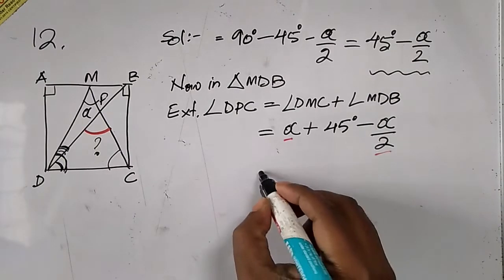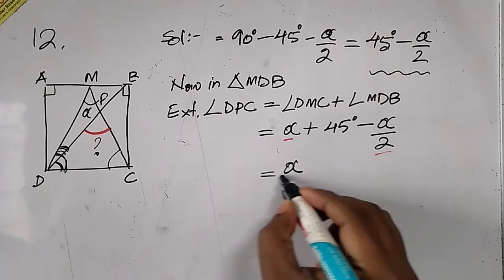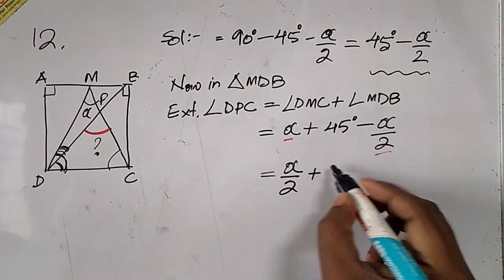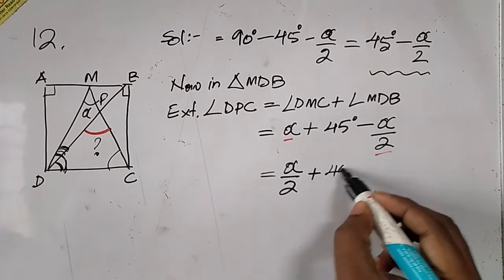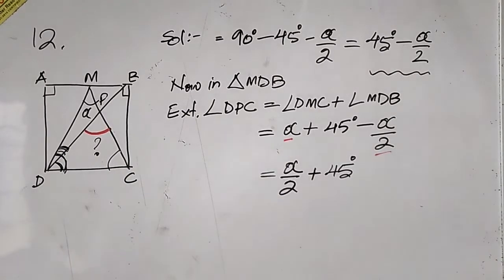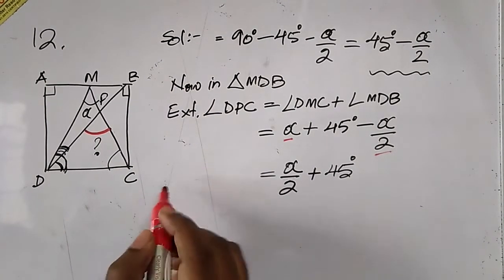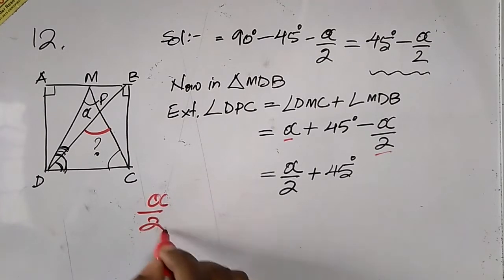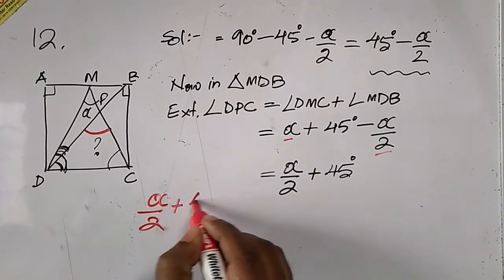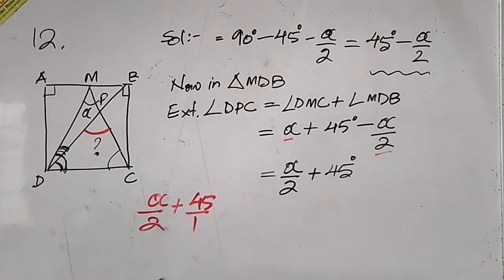Alright, so we get it as alpha by 2 plus 45 degree. Okay, now when we simplify this, how much will we be getting? Let me show you in rough. Alpha by 2 plus 45. By default, the denominator is 1.